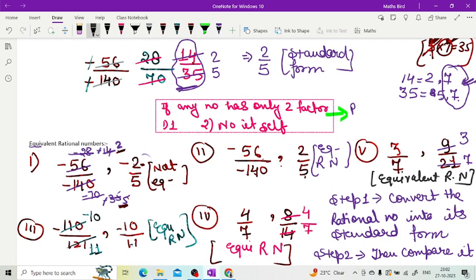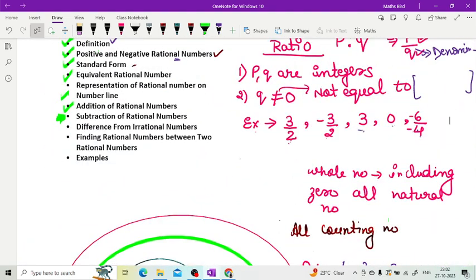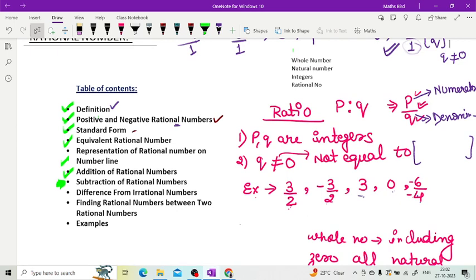So today what have we discussed? We have discussed rational numbers. Firstly, we discussed the whole number, the natural number, the integer, and the rational number, right?